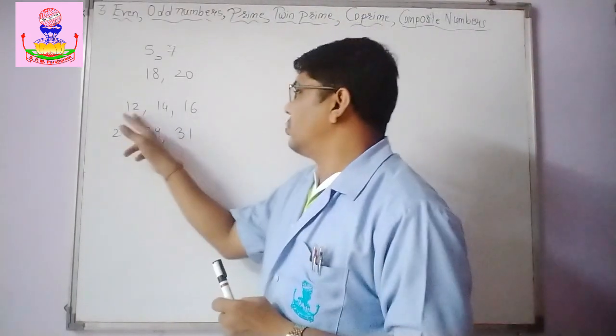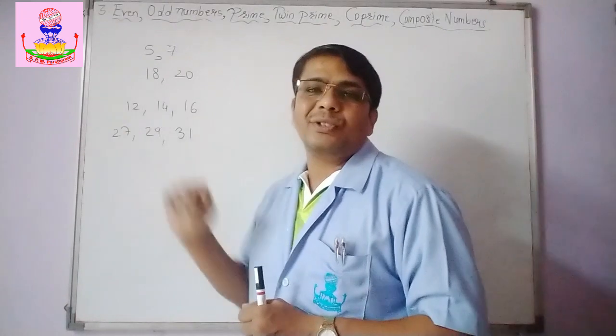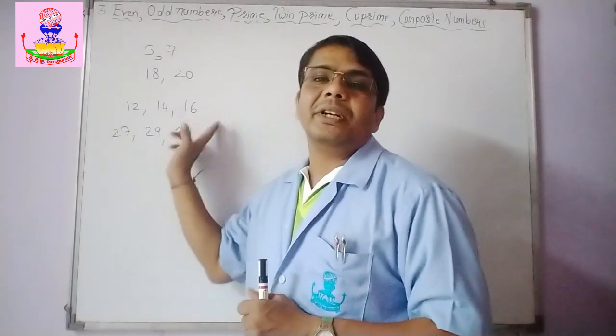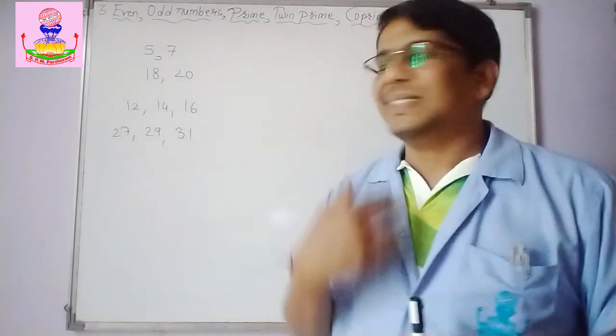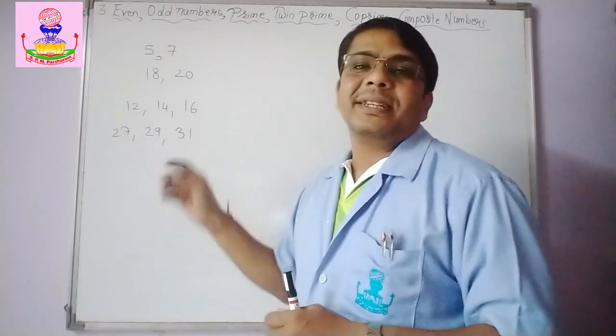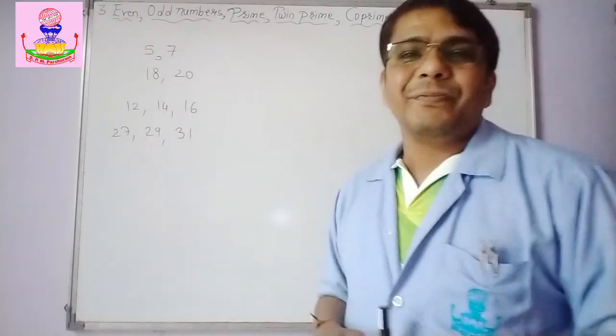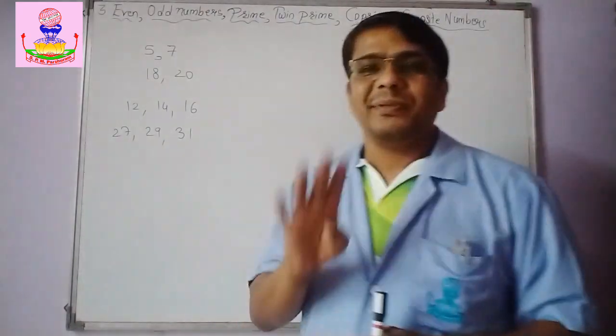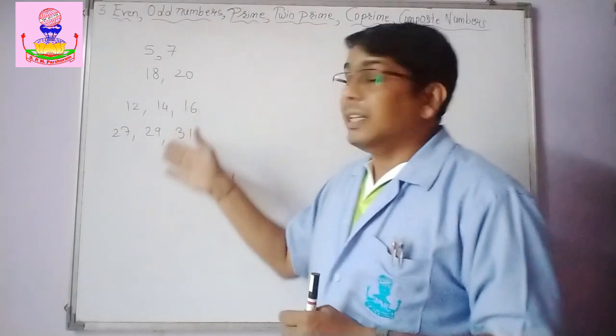For example, 12, 14, 16: smallest 12, greatest 16, difference 16 minus 12 is 4. Here 27, 29, 31: smallest 27, greatest 31, difference 31 minus 27 is 4. So we can generalize this.